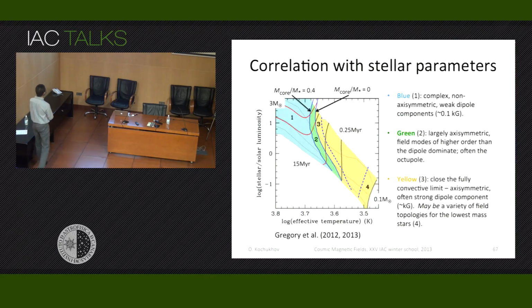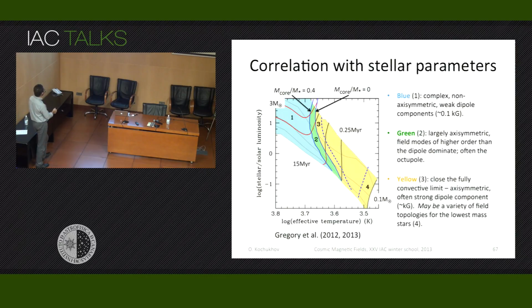And it turns out that they can be very nicely traced to different places in the pre-main sequence evolutionary tracks. So these are, again, the pre-main sequence evolutionary tracks, and different colors here correspond to different internal structure of the star.